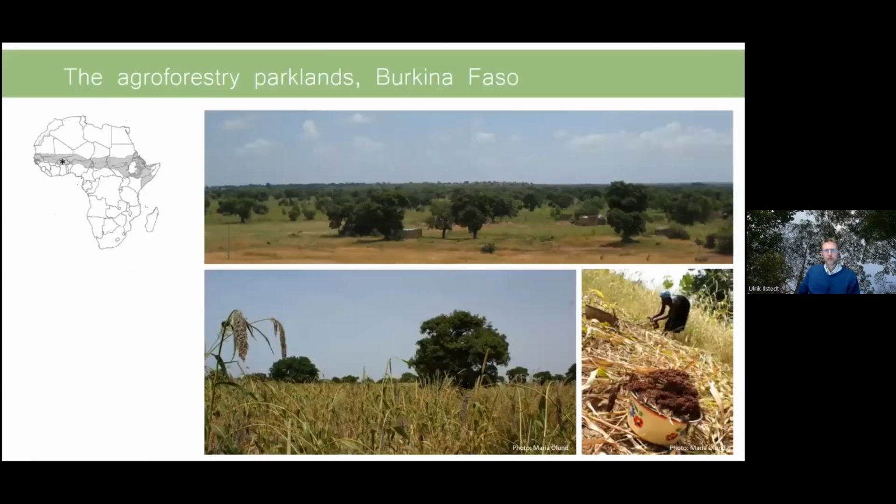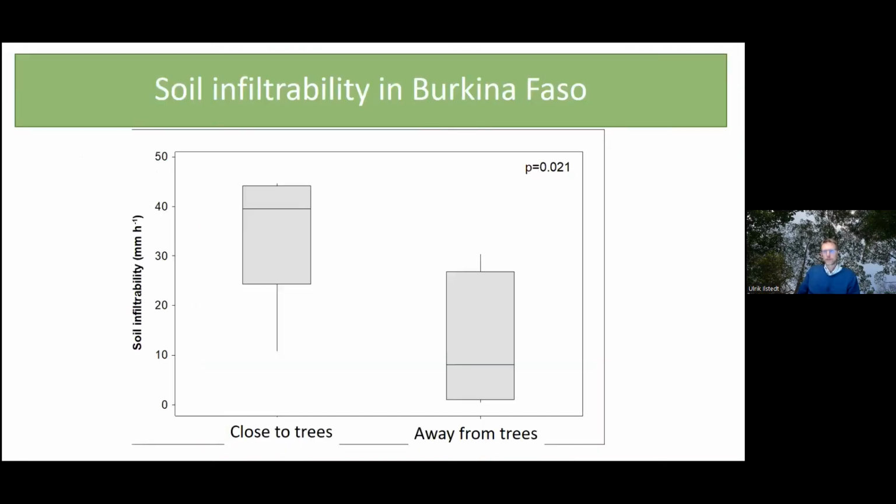So this is the general picture from the literature that I reviewed. Then we started to see, can we find representative areas of this? And we went back to Burkina Faso and these agroforestry parklands. When we measured in our parkland, we saw the same pictures as we had seen in the reviews. So close to trees, we had higher infiltrability, and far away from trees, we had lower infiltrability, the median below 10 millimeters per hour.